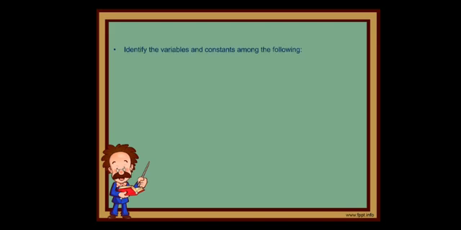Identify the variables and constants among the following. Here we have 6 questions. You have to identify the variable and constant in each. First one, A. What is the constant and variable? If there is no number, it is understood that 1 is there.